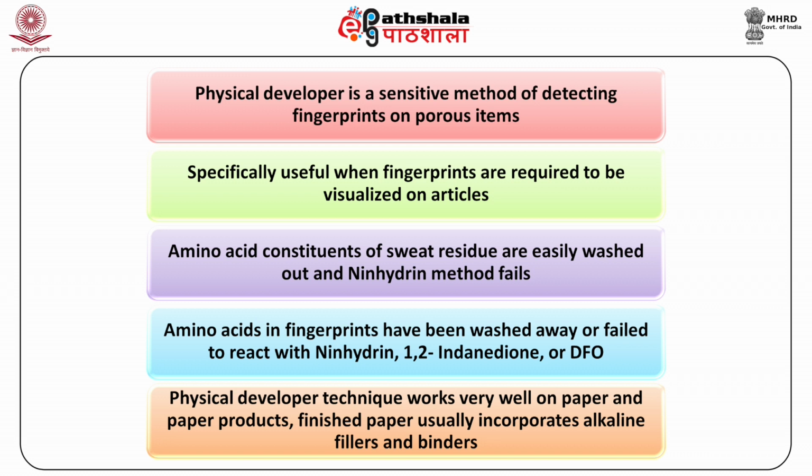One more thing that we have learned is that under those conditions, the amino acid constituents of sweat residue are easily washed out and the ninhydrin method fails. Nevertheless, physical developer yields results.